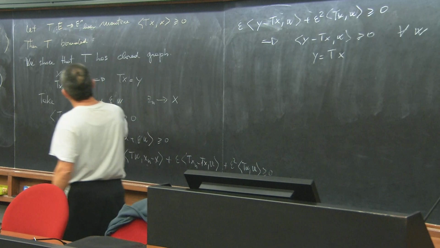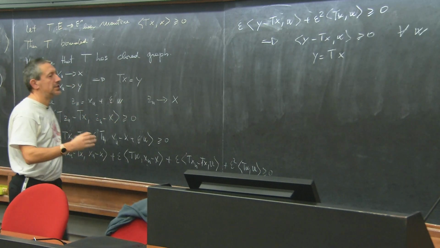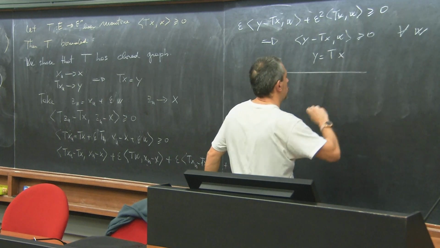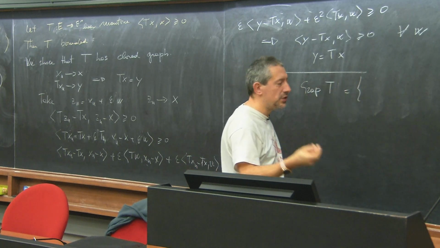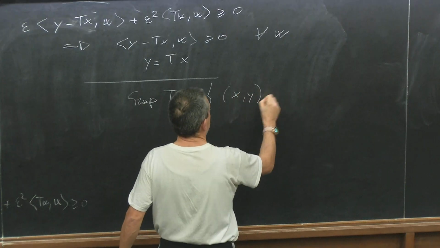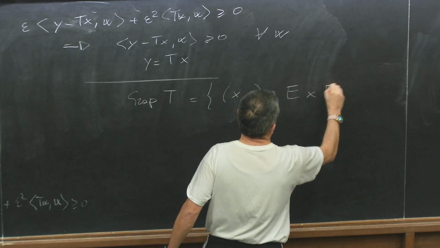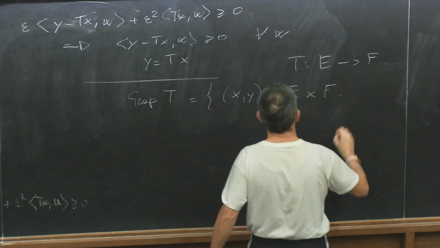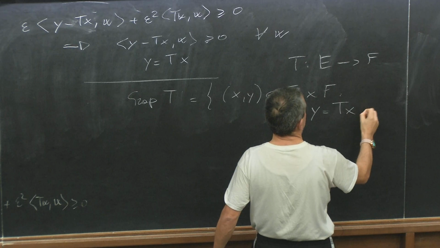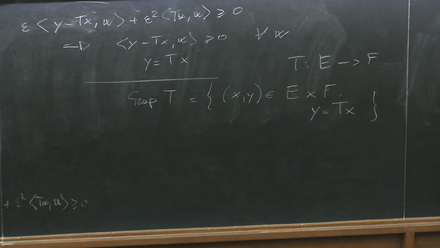So it means the following. The question is, what is a closed graph? The graph of T is, by definition, the set of X and Y, which belongs to E times F, if T maps E to F, such that Y is equal to Tx. So in the product space it is the set of couples such that Y is equal to Tx. And now you want to say that the graph is closed.